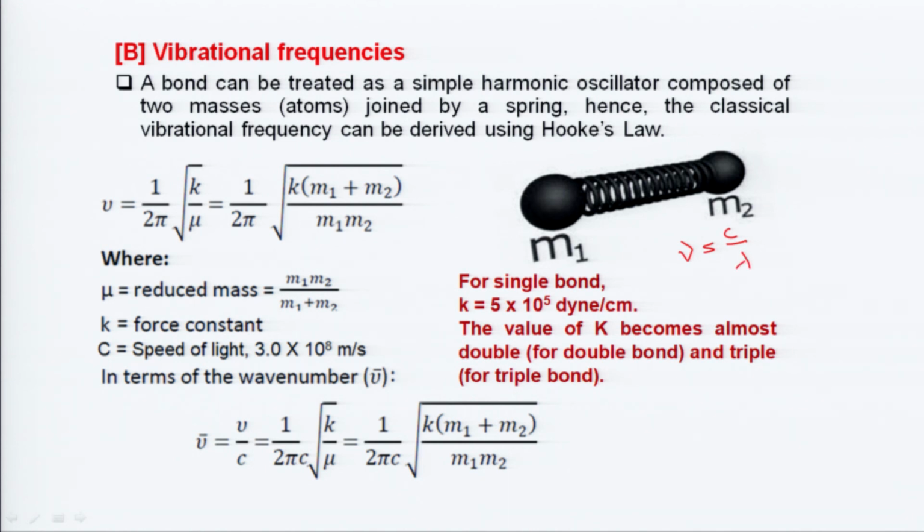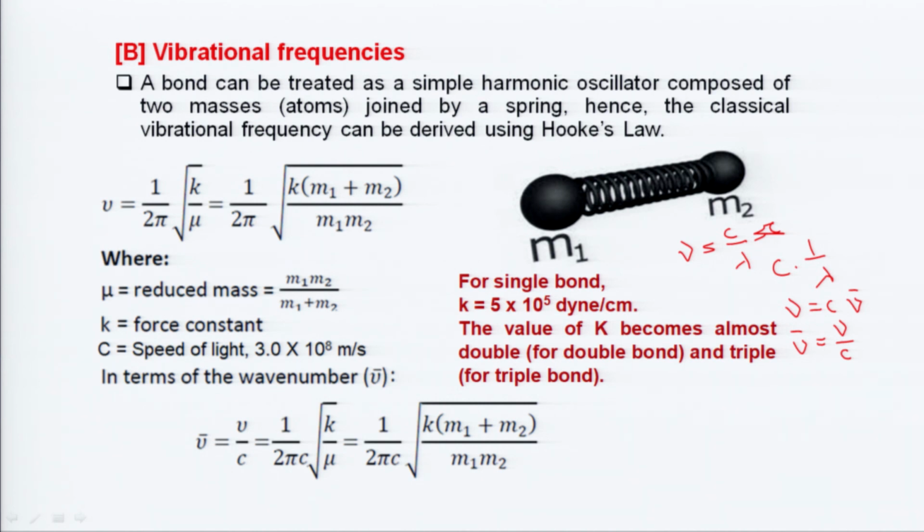We can write this as c times 1 by lambda, where 1 by lambda is nu bar. So, nu bar is nu by c, meaning whatever the formula for nu has come, if we divide it by c, then we will get wave number.